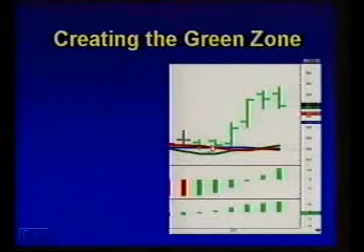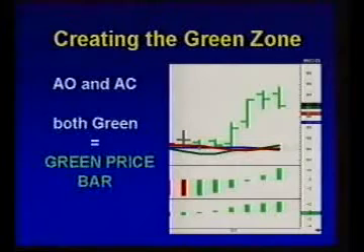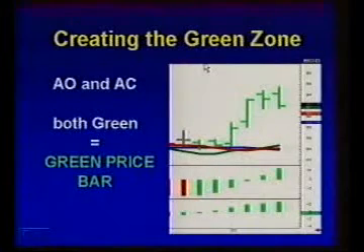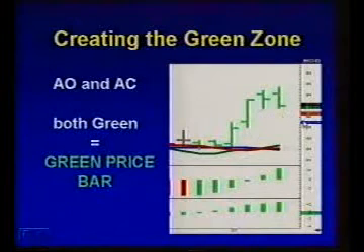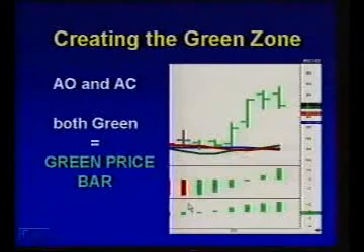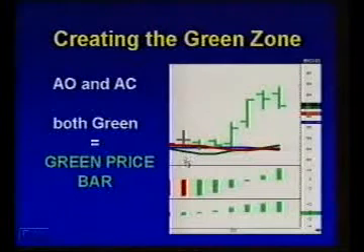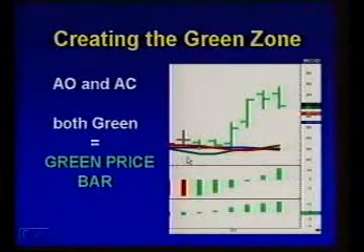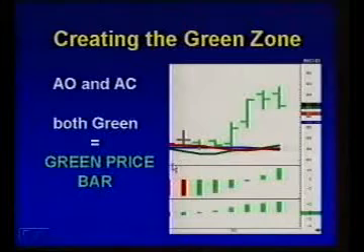You have a green price bar. So if the AO and the AC both agree green, you'll have a green price bar. Now you notice here you have a green AC and a red AO. And notice that your price bar is painted gray, so that ought to give you a hint. This is just a little preview, but keep in mind if the AO and the AC agree, then your price bar will be painted the same color.